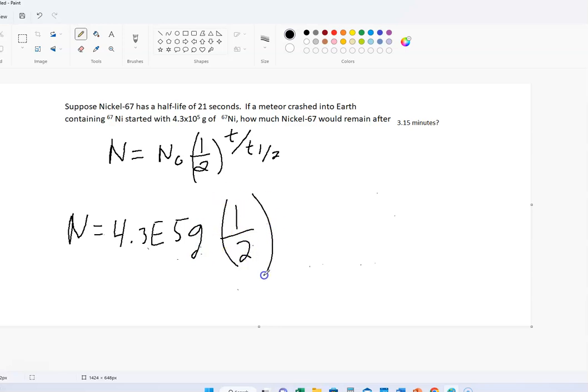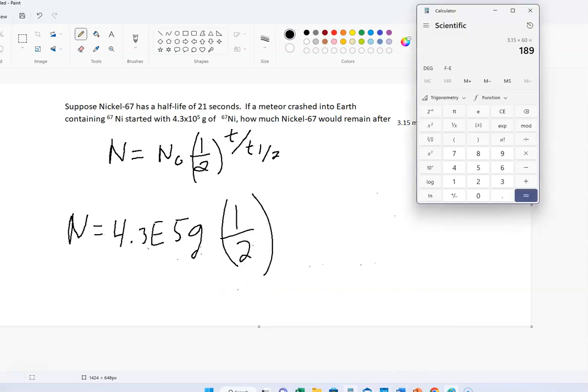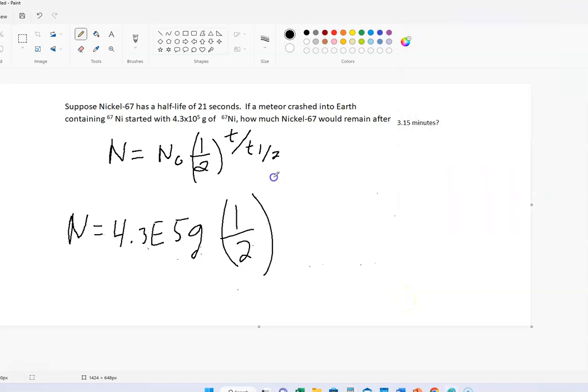Let's see what it's going to be raised to. Remember, we figured out the amount of time that has gone by, 189 seconds. So 189 divided by the half-life, which happens to be 21 seconds. It says it right there.